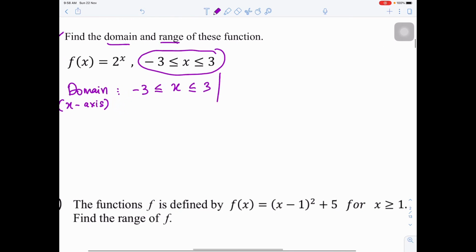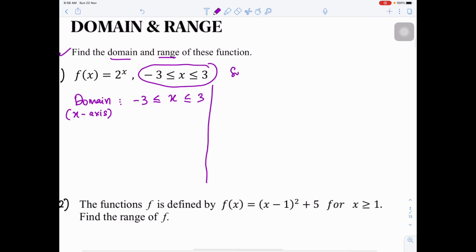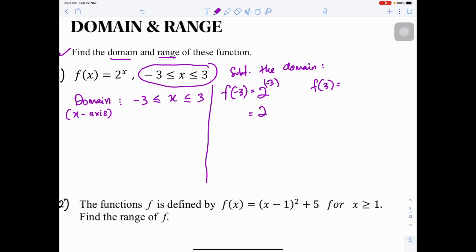And then the range. How do we determine the range? Substitute the domain values, which are x equals -3 and x equals 3. So f(-3) equals 2 to the power of -3, which is 1 over 2 to the power of 3, equals 1 over 8.